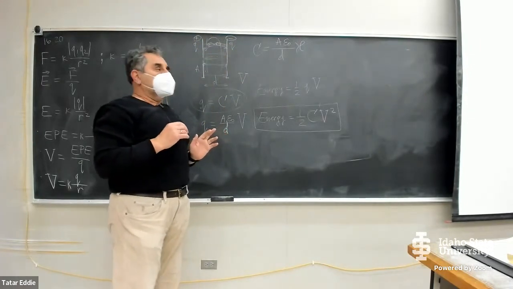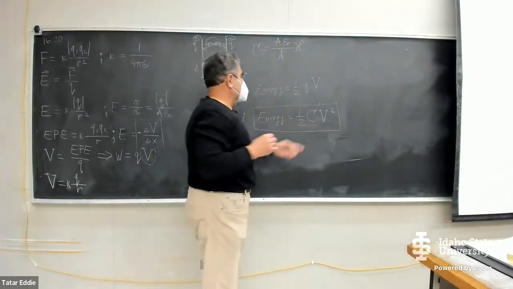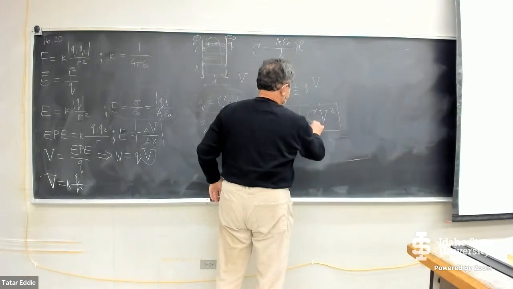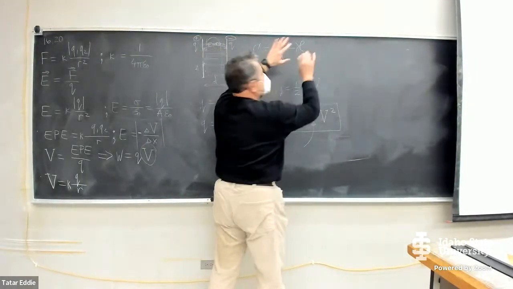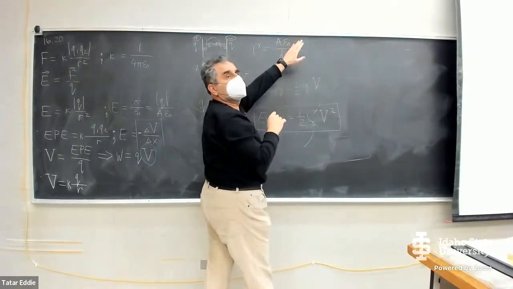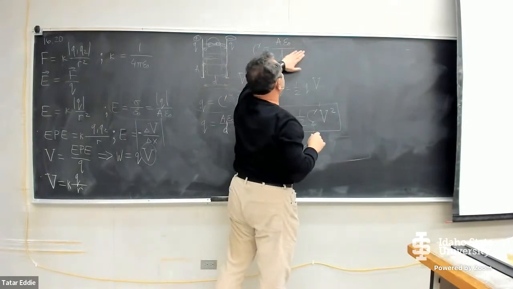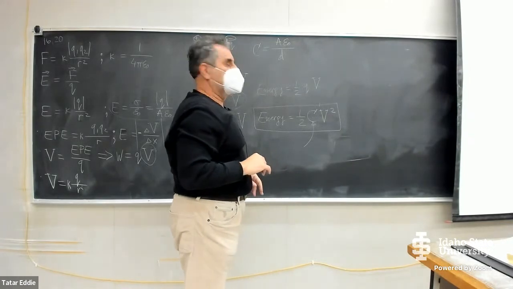But now, do the following thing. Let's say in this formula, substitute the capacitance with its equal. Let's say the capacitor is filled with air, so the dielectric constant is 1, just to have a simple expression.